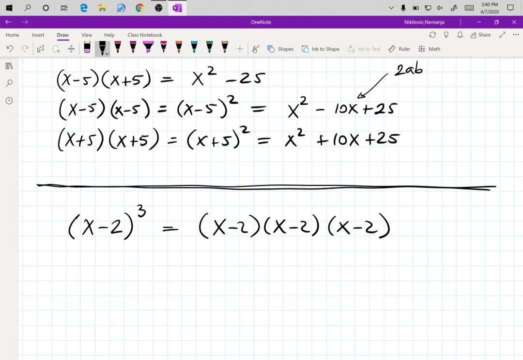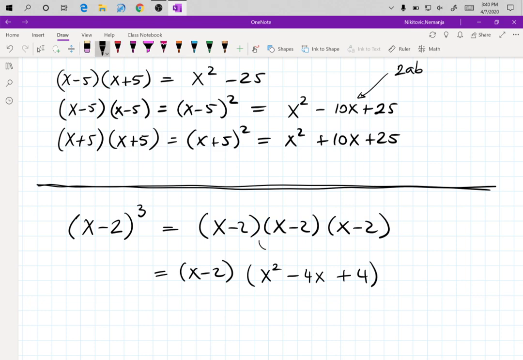And now copy the first x minus 2, and then FOIL these ones. And that's the case with the minus. So we all immediately know it's x squared minus 4x plus 4 because we use the formula.